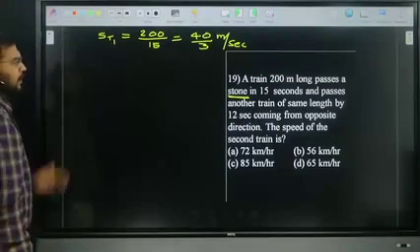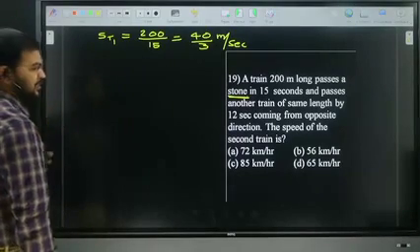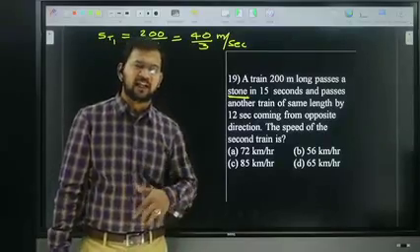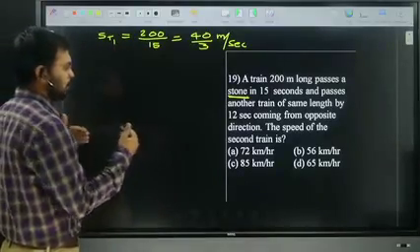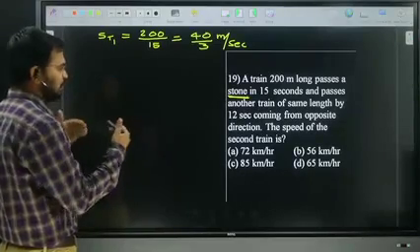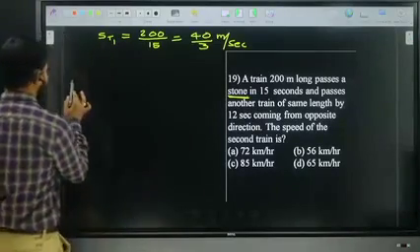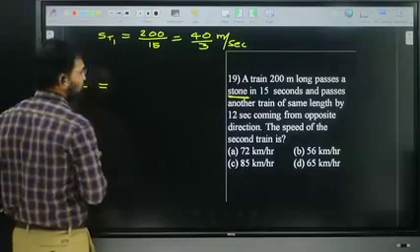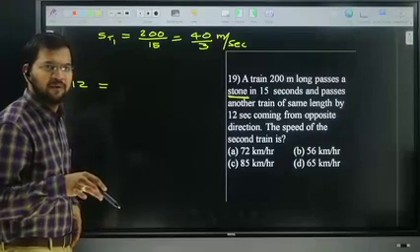Now I know the speed of the first train, but they are asking for the speed of the second train. Both trains are in motion, traveling in opposite directions, and it takes 12 seconds. Time is equal to distance by speed. Whenever one train is passing another train, distance is length of train 1 plus length of train 2.